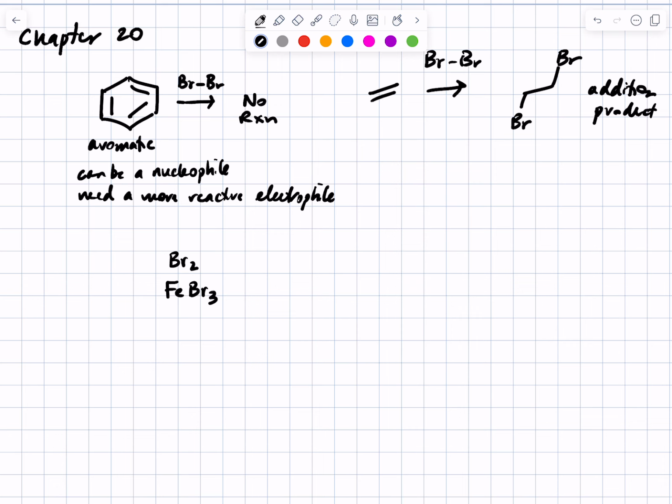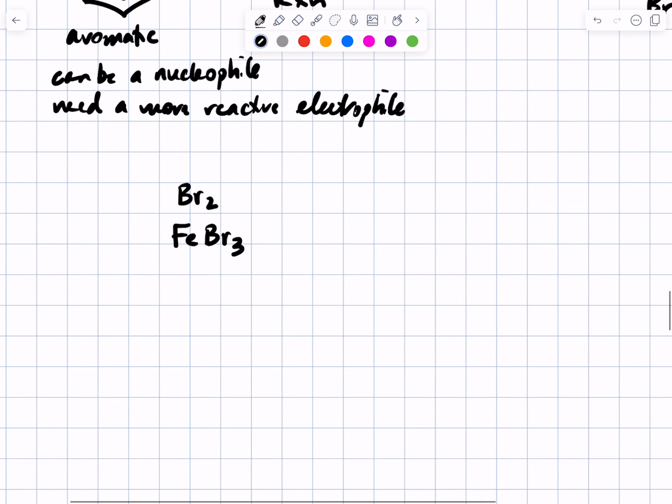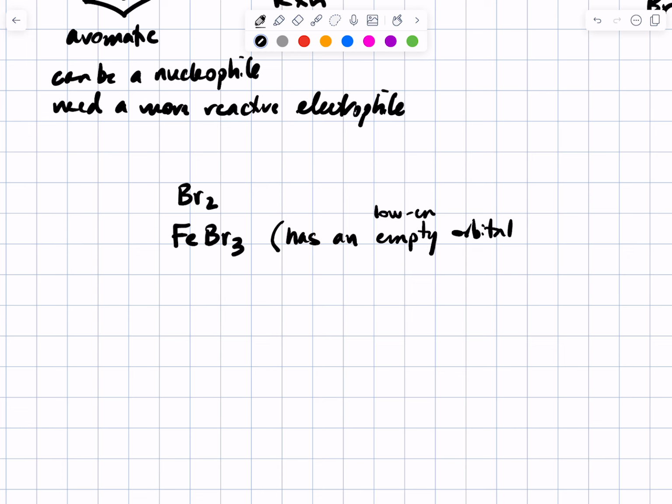Now, you don't need to know anything about iron as a transition metal other than iron tribromide has an empty orbital, a low energy empty orbital that can accept electrons. In other words, it's a Lewis acid.